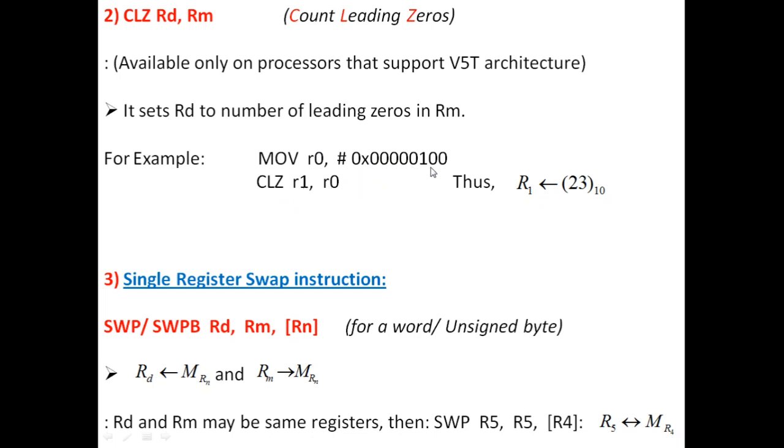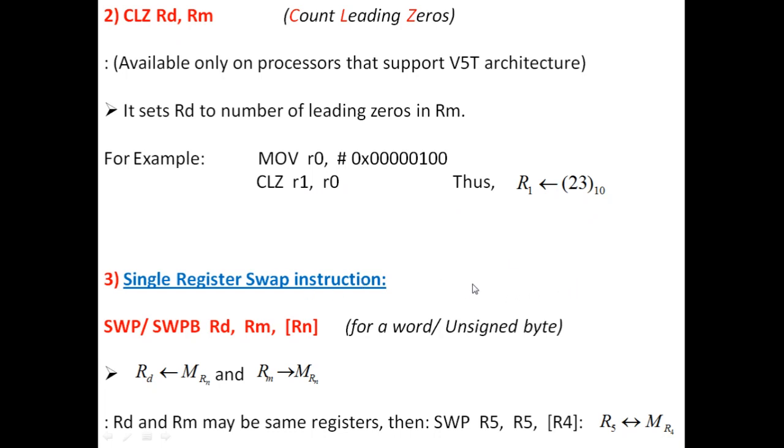So in this number which is there in R0, you can see that number 1, 2, 3, 4, 5, 5 into 4, so 20 zeros are there, and there are 3 zeros here additionally in this hexadecimal 1. There are 3 zeros, so 20 plus 3, so number of leading zeros is 23. So R1 will be loaded by 23 decimal or hexadecimal equivalent to 23. So that's how this instruction works.